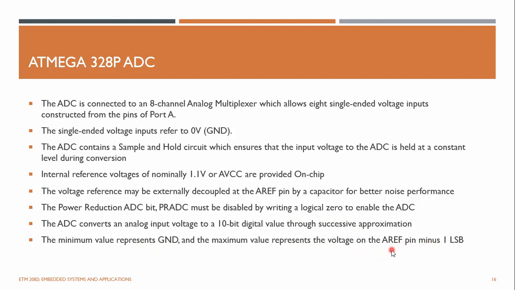That's what I have already told. These are the basic theory behind analog to digital conversion. Then we can move to the registers of the ATmega328P to use the ADC for programming purposes.